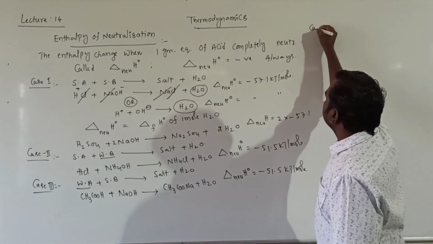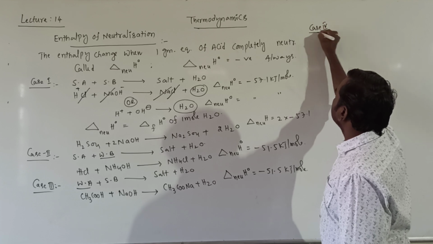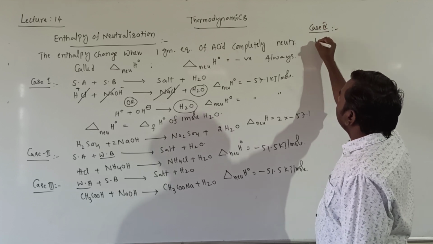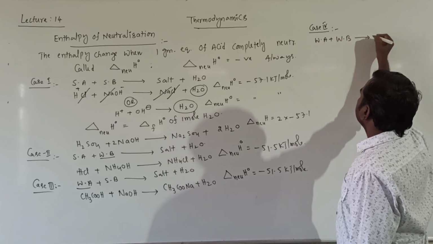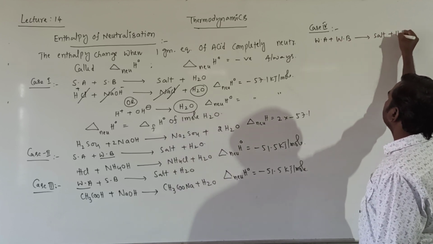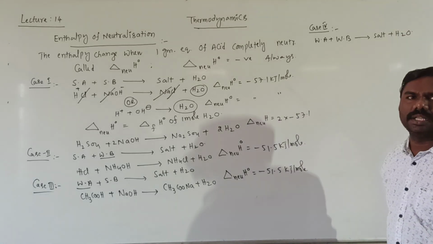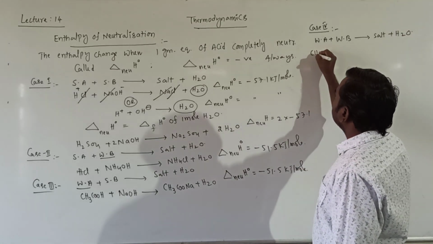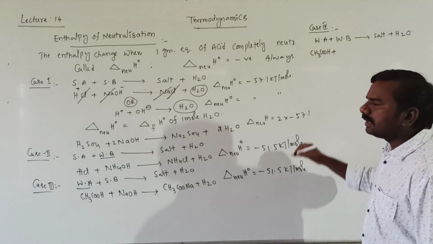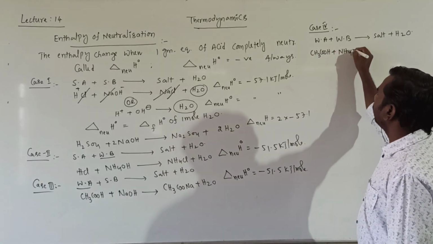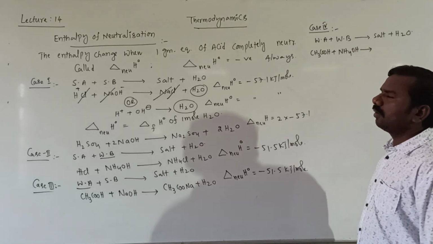Now, the last case, case 4, weak acid plus weak base gives rise to salt plus water. Weak acid is CH3COOH, weak base is NH4OH, ammonium hydroxide.